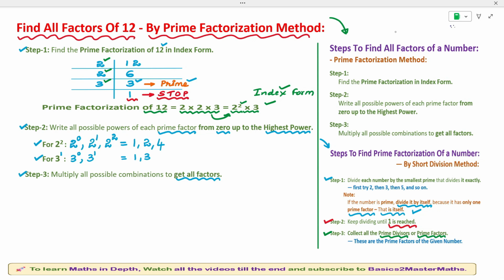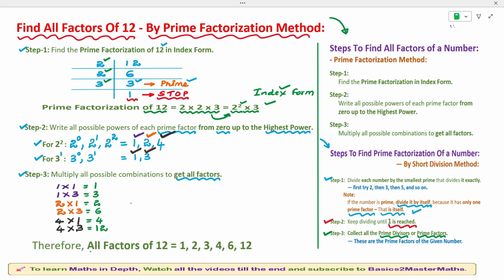Now, let us multiply all possible combinations. 1 multiplied by 1, 1 multiplied by 3, 2 multiplied by 1, 2 multiplied by 3, 4 multiplied by 1, 4 multiplied by 3.